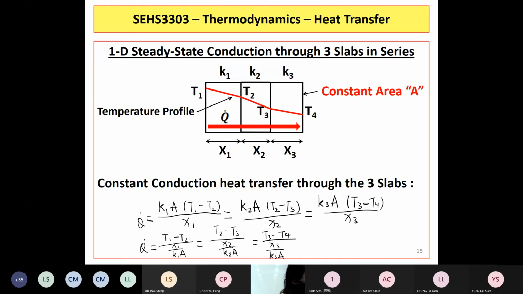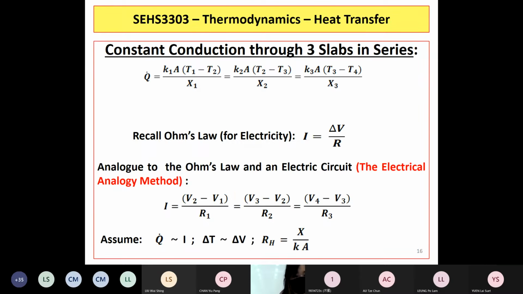Look, are these equations familiar to you? They look rather like the electricity calculation, right? Recall Ohm's law, which is used for the calculation of electricity.